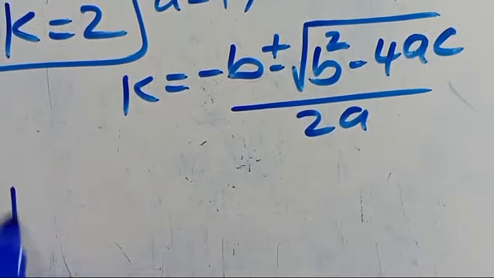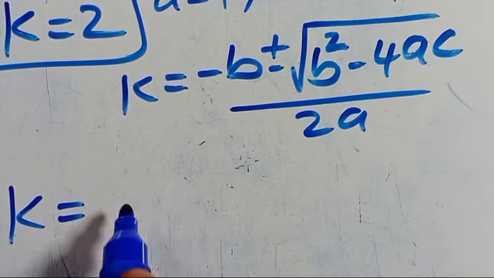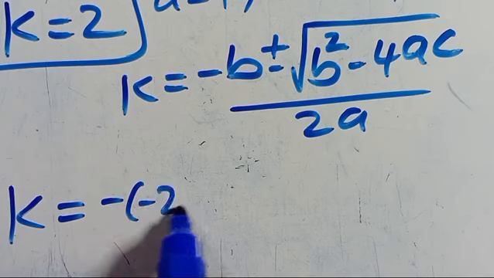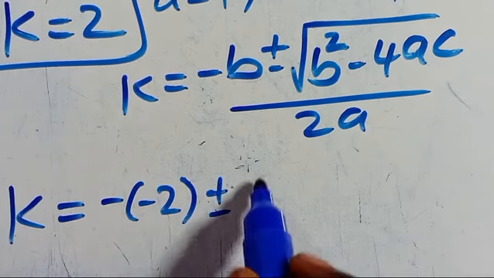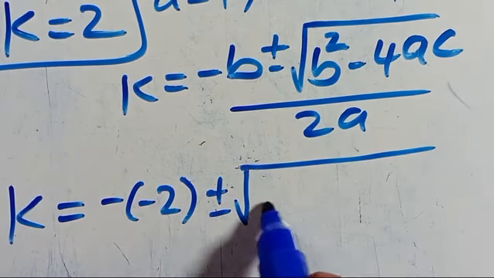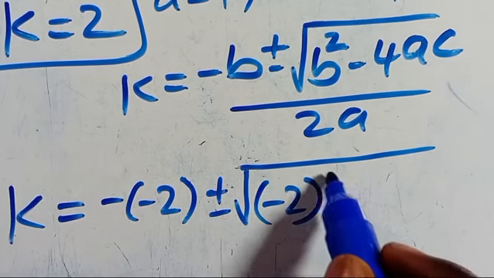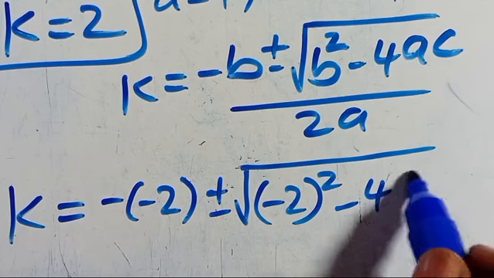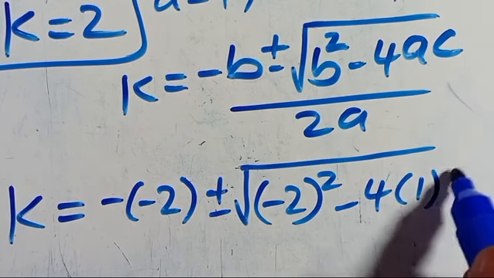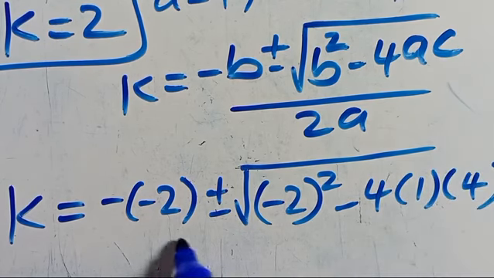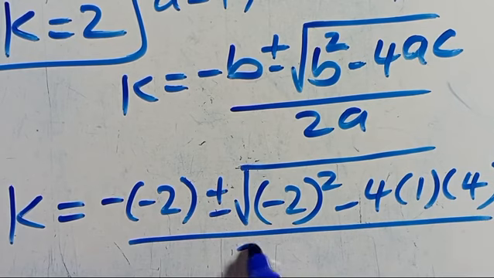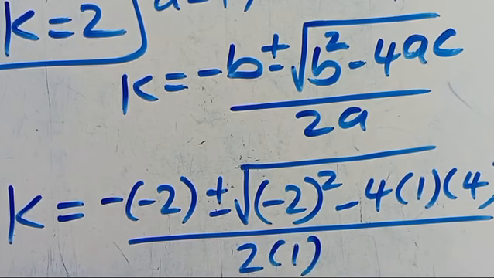So here k will be equal to minus, outside in parentheses, minus 2, positive or negative, root of minus 2 in parentheses to the power of 2, minus 4 times a, which is 1, times c, which is 4, all divided by 2 times 1.